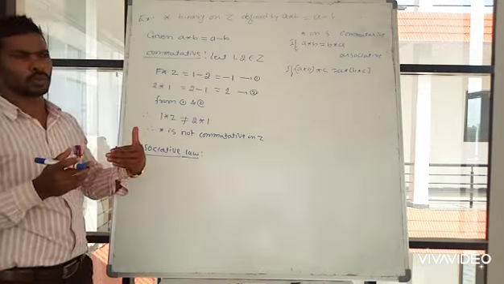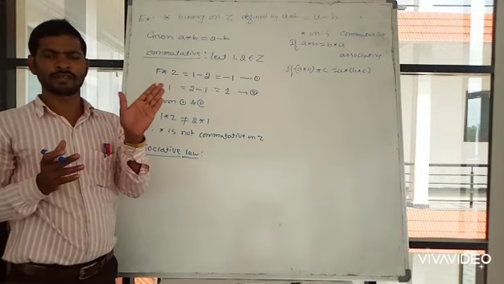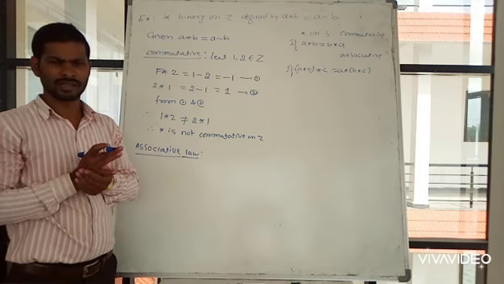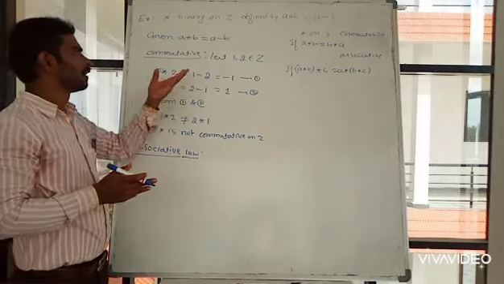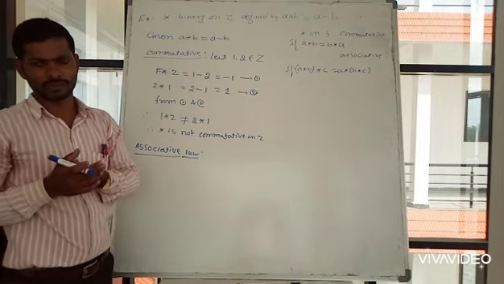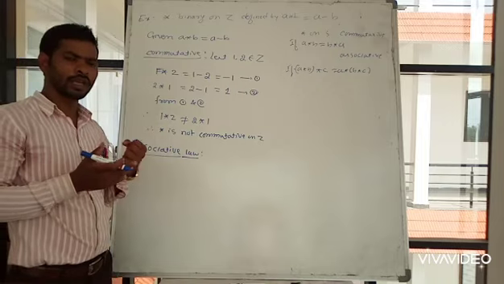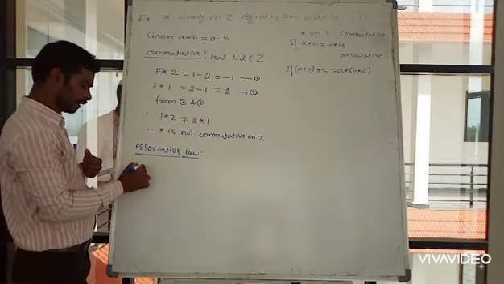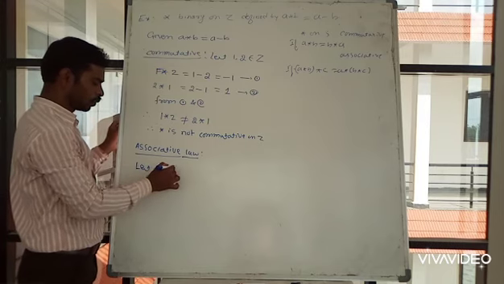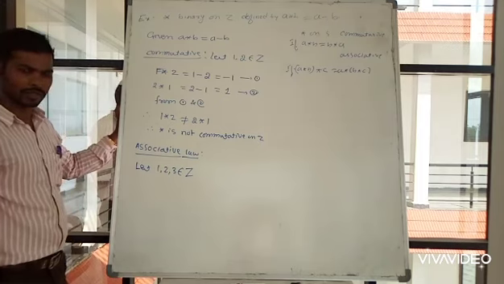Generally, (1 minus 2) minus 3 is not the same as 1 minus (2 minus 3) by mental calculation. So generally this operation also does not satisfy the associative law, which means we go to particular elements.